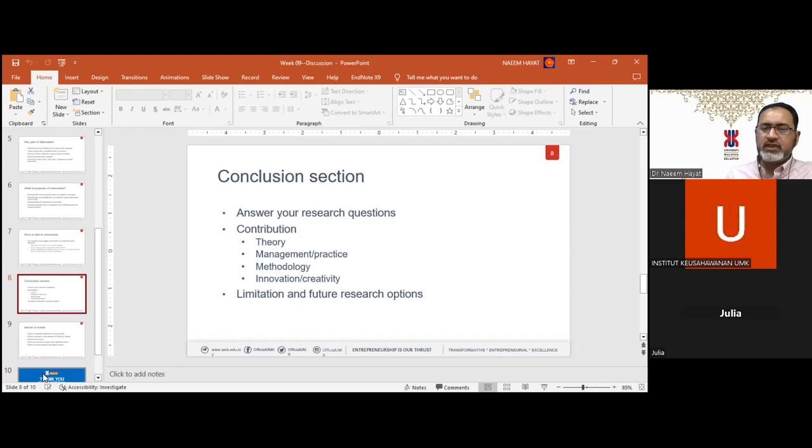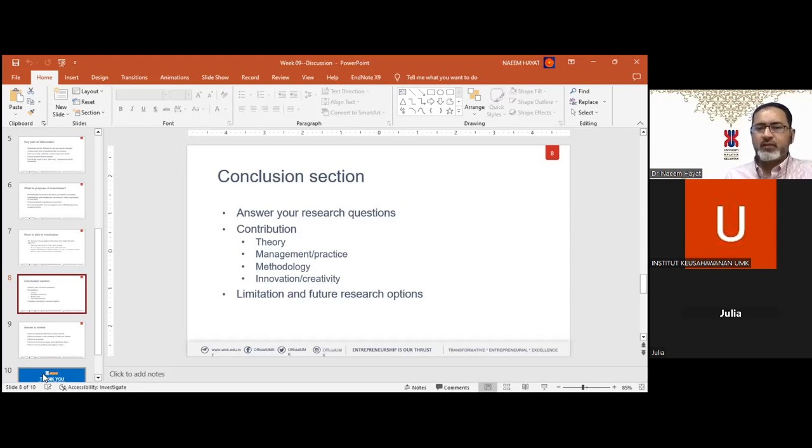So we need to understand how the finding that we have has something to do with practice, or change in practice, or effective practice, or something for management. Again, it depends on the scope of the study. If you are having a management or organizational study, then it goes for management, and if it's a general practice, or maybe consumer behavior, it may be a practice.